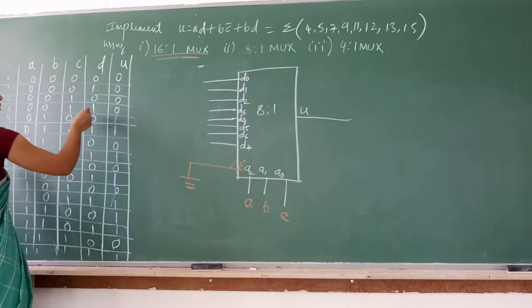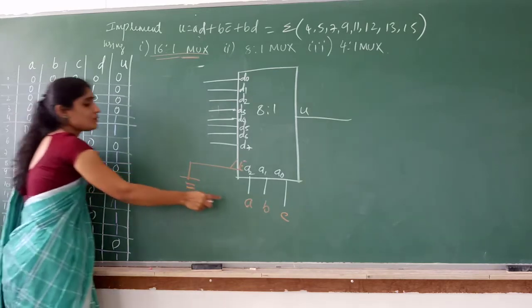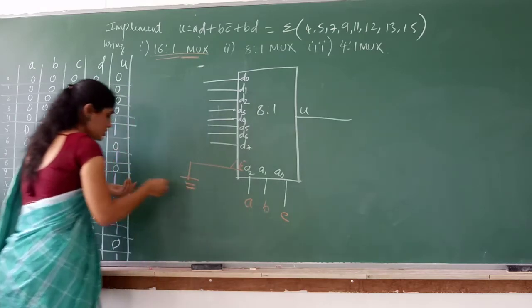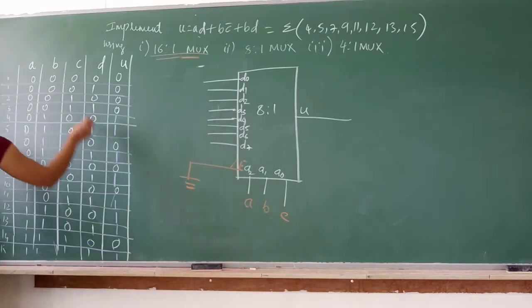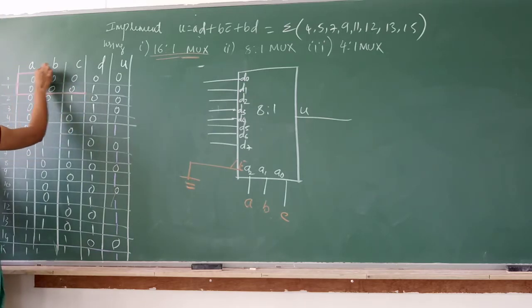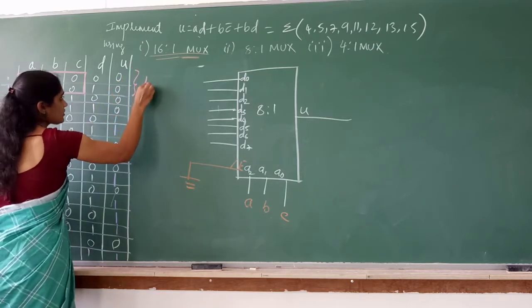So now what you have to do? You have to mark the combinations where A, B, C is taking 0, 0, 0, 0, 0, 1, like that till 1, 1, 1. Look at the truth table we have written here. These two combinations A, B, C are taking 0, 0, 0, so this will be for D0.